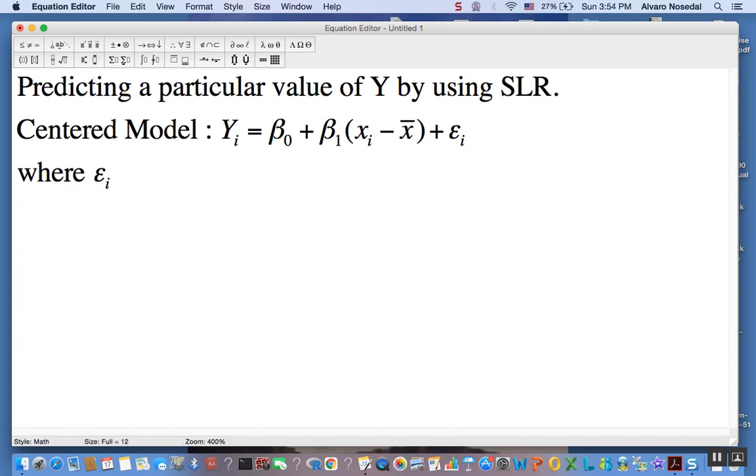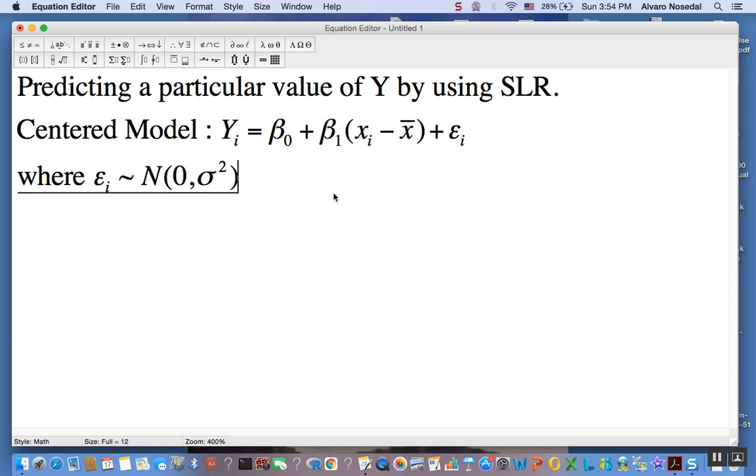We are assuming that the random fluctuation epsilon i has a normal distribution with mean 0 and variance sigma square. That sigma square is the same regardless of the value of the predictor variable xi.